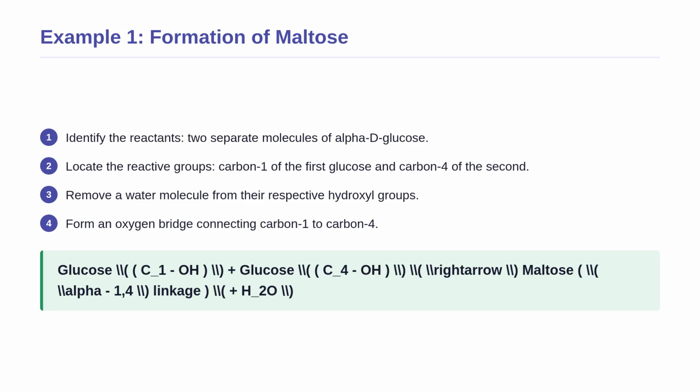The enzyme facilitates a reaction where the hydroxyl groups on these specific carbons interact. By removing a water molecule, the remaining oxygen atom acts as a bridge, connecting carbon 1 to carbon 4. This creates what we specifically call an alpha-1,4 glycosidic bond, resulting in maltose and water.